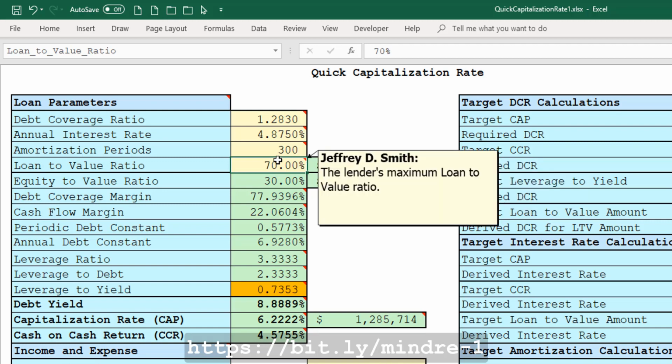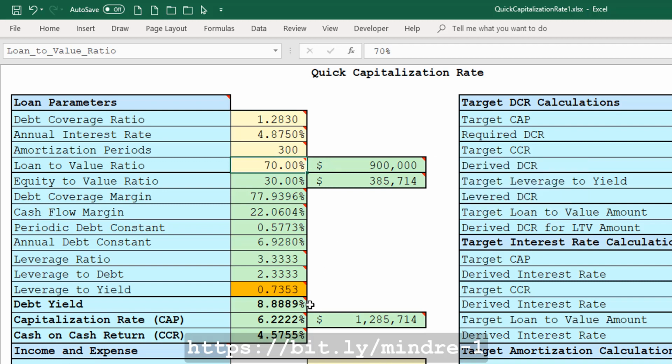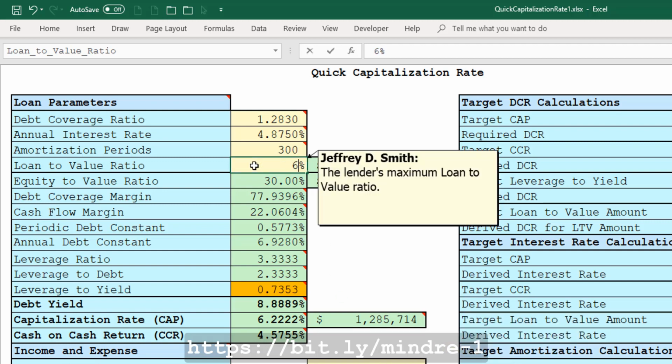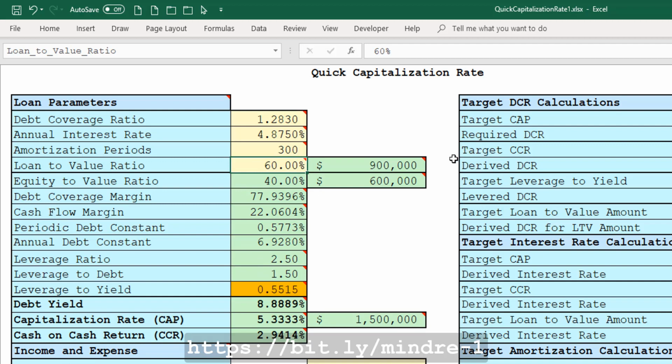We changed the loan to value ratio, so what changed? The CPV, capitalized property value, changed. Let's change it to 60%. It's still 900,000. The CPV changed.